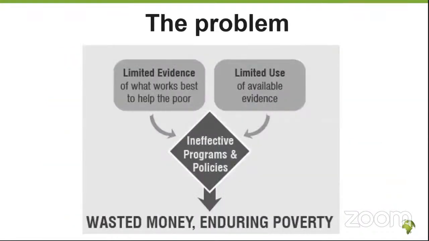So after all is said and done, what exactly are we hoping to achieve with the work that we do? On this slide, we are just trying to analyze what the problem is. We know there are many poverty problems out there. But is there evidence on what actually works and what does not work to help the poor?